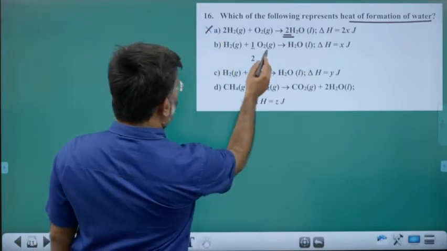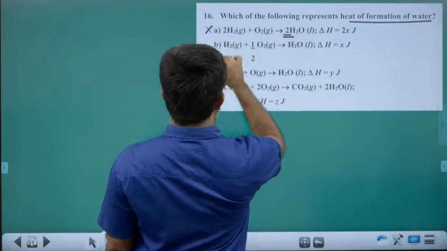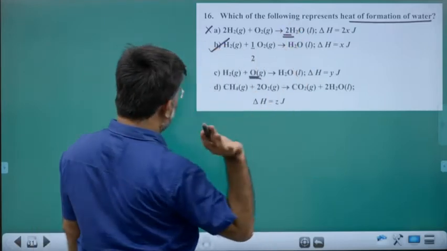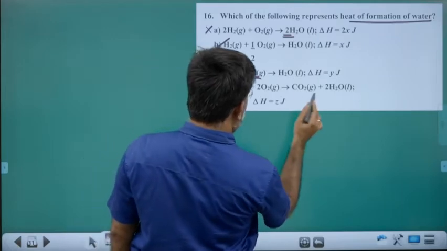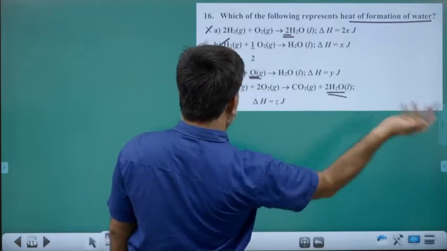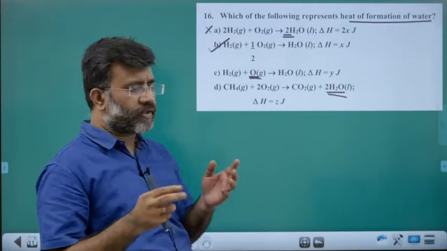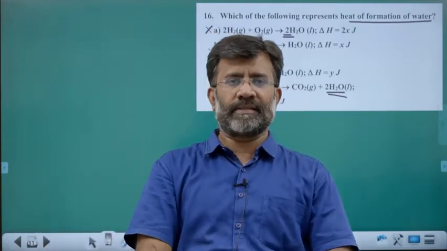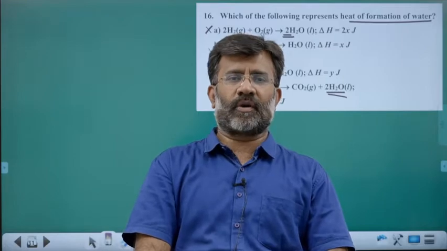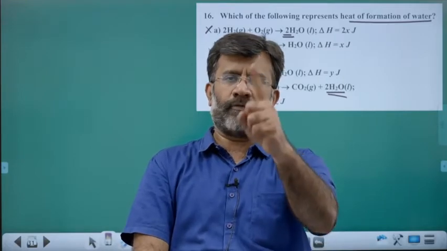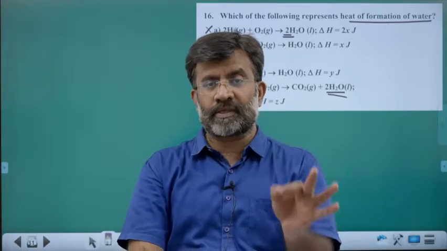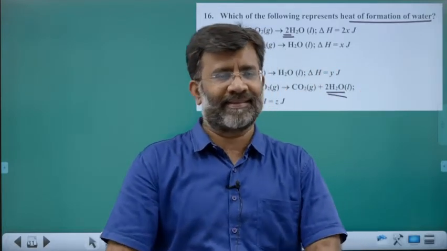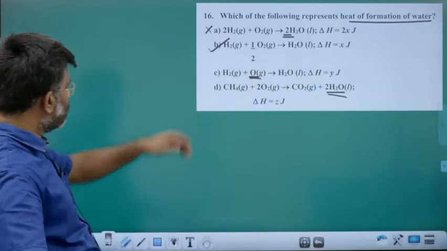H2 plus half O2 giving H2O liquid, and this is the answer. What is the problem with atomic oxygen? It is not permitted. You get water, but it is some other reaction. So what is the definition of enthalpy of formation? Enthalpy of formation is defined as the heat involved during the formation of 1 mole of a compound from its constituent elements. Okay, next. So the answer is option B.